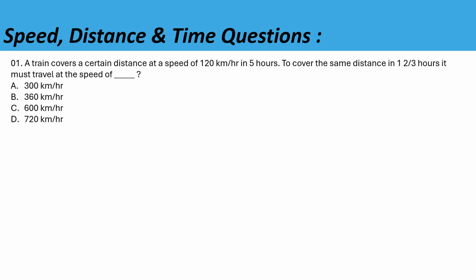Now discussing the solution, what we have is the distance covered by a train in 5 hours at 120 km per hour. So we can use the distance formula, speed into time. It will be 120 into 5, which comes up to 600 km, right?